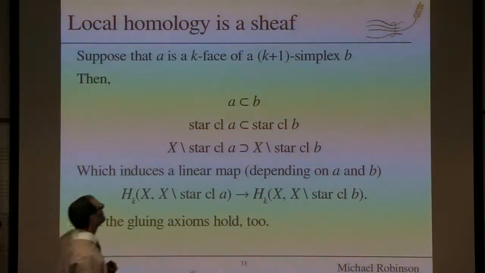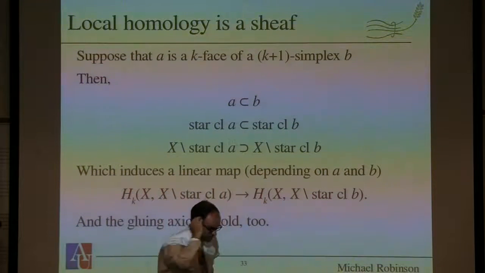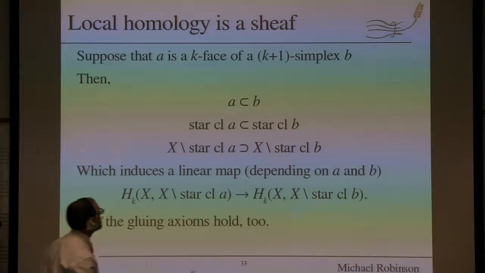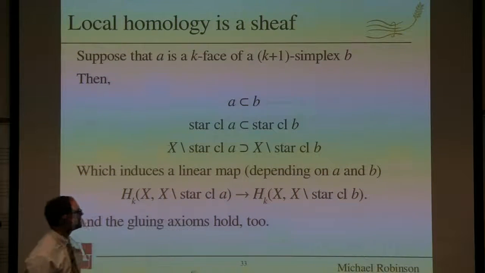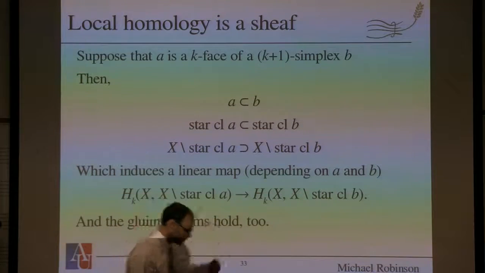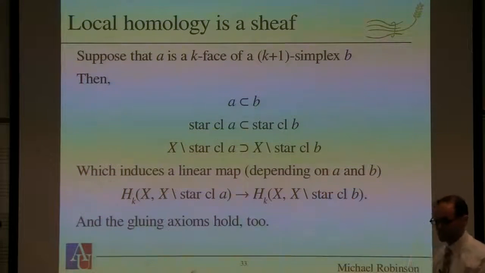So if I start with a k-simplex A that's a subset of a larger simplex B, then just taking a look at it, the stars are also the same way. The complements go the other way. And that ends up inducing, through a little bit of algebra, a linear map, because homology is a functor. So in particular, this thing is a sheaf.